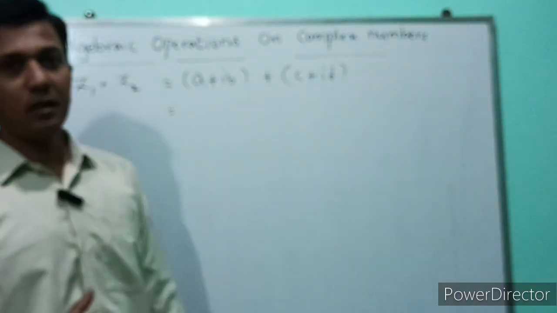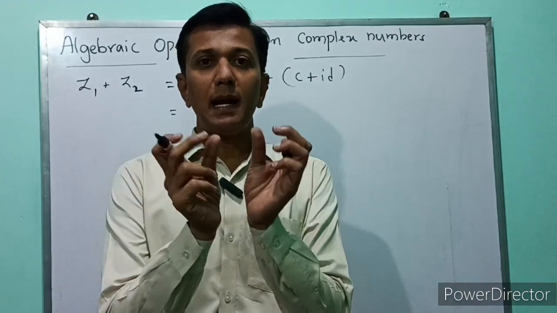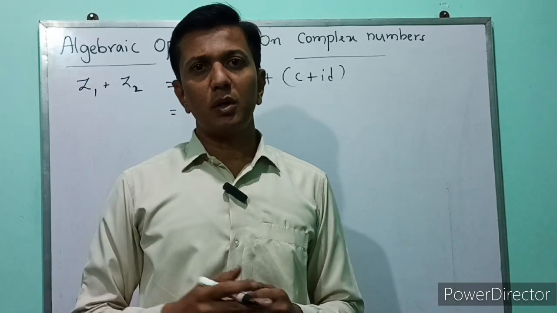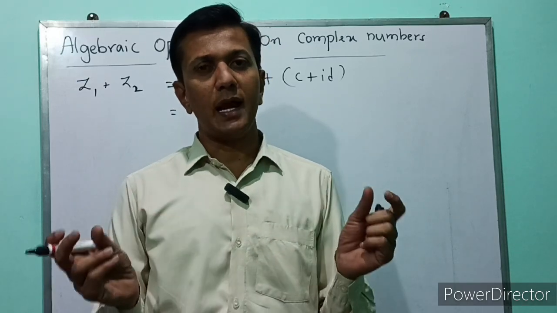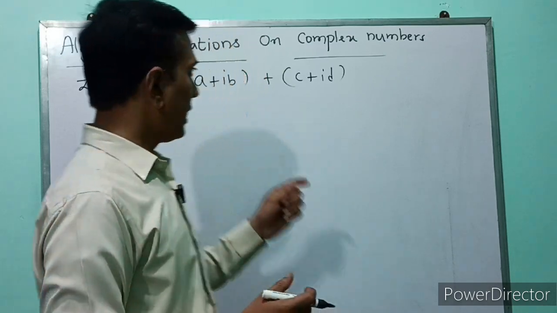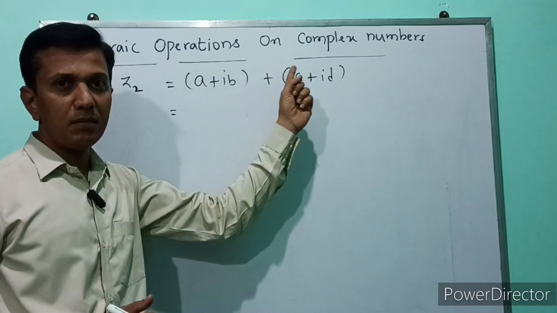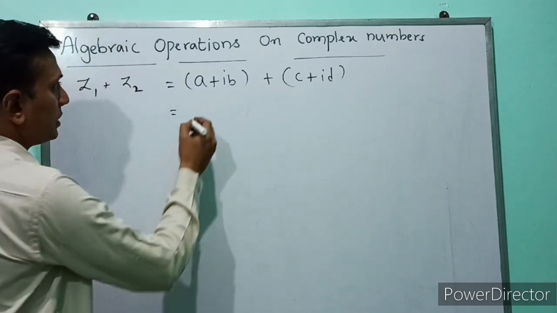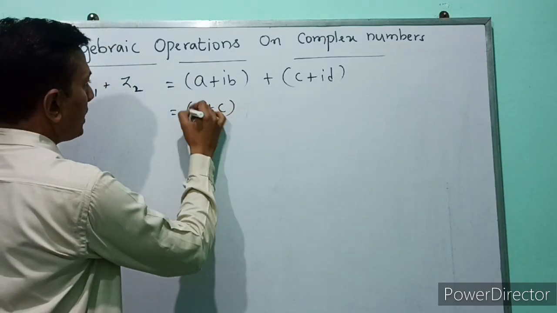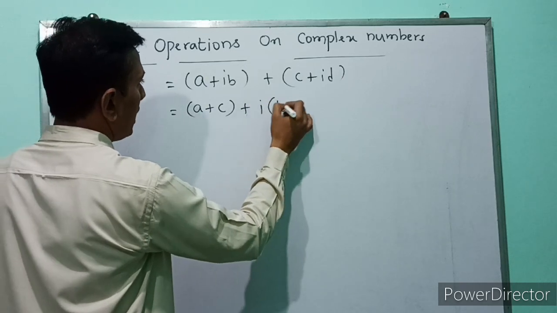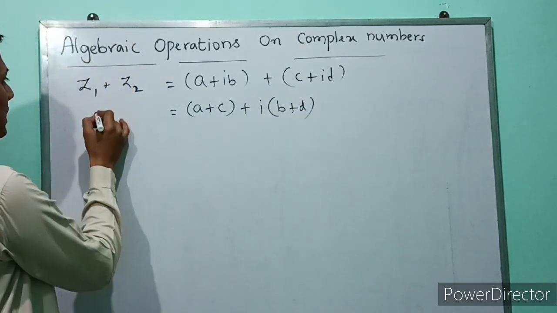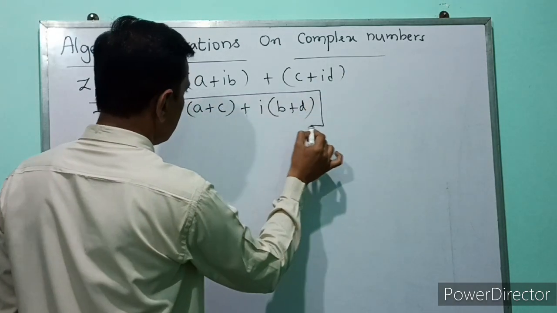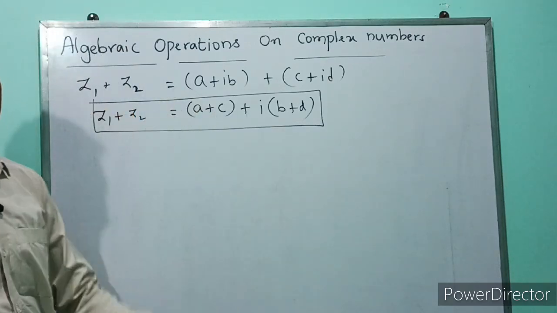Whenever we add two complex numbers, the real parts will be added and the imaginary parts will be added, because just as we add like terms in algebra, here the like terms are the purely real numbers, and the imaginary parts are added separately. So the final result of Z1 plus Z2 will be (A plus C) plus i times (B plus D). So when you add two complex numbers, this will be the result.